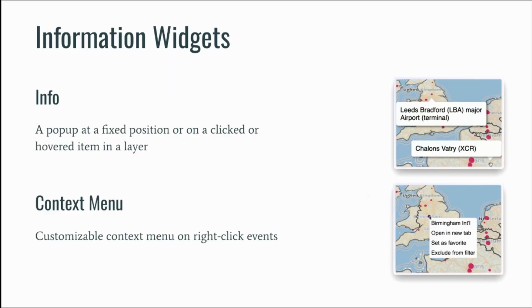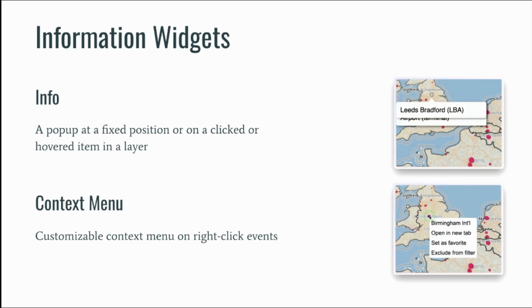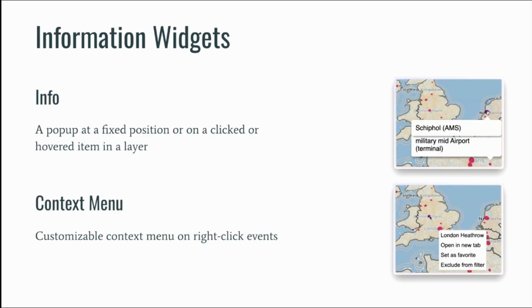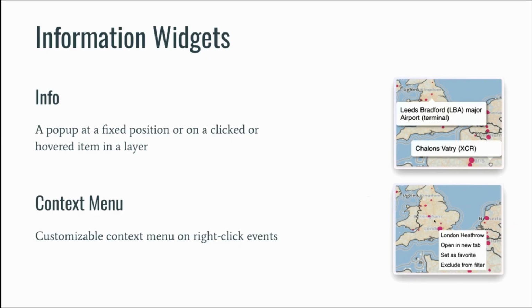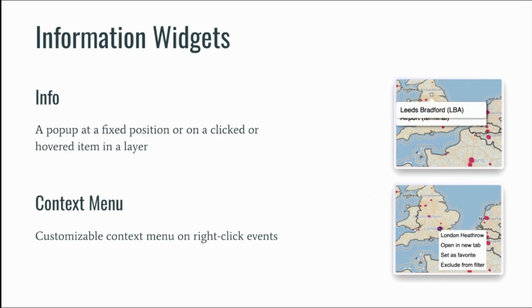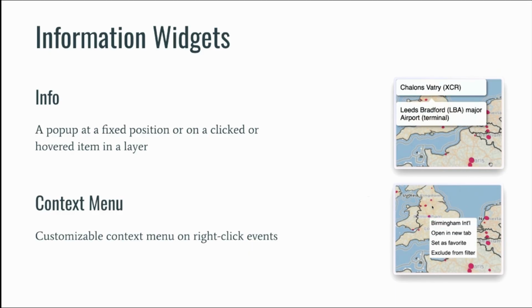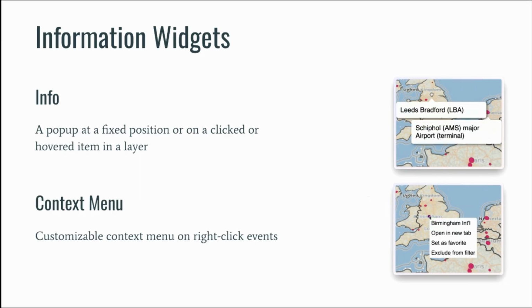These both integrate with DeckGL's picking library. So whenever you hover or click on something that is a DeckGL layer, it'll actually go and pick that element in the map, extract it, and then give it to the widget. So you can put things like properties in your scatterplot layers or whatever. And like you see here in these airports, those are actually being pulled from your DeckGL layer data back out. So you do not have to manage that yourself.